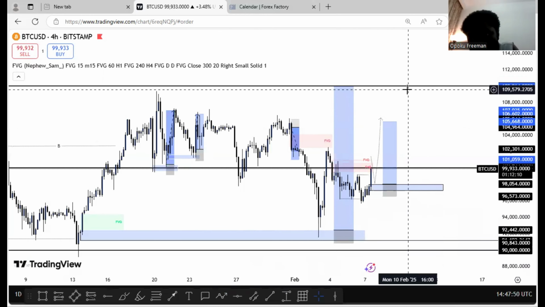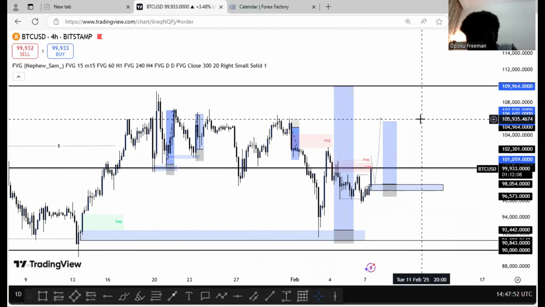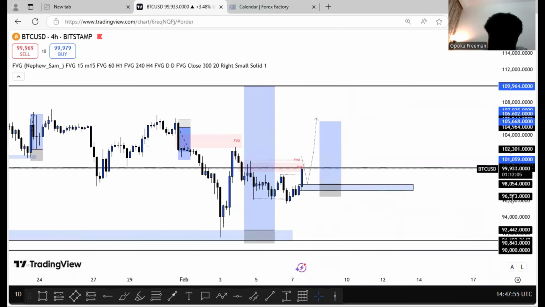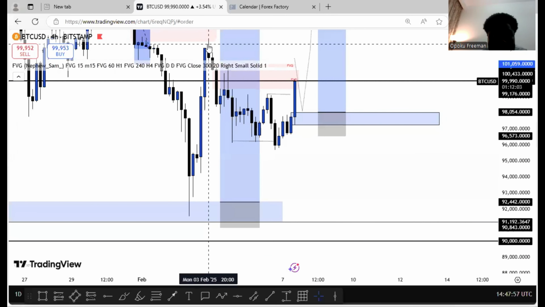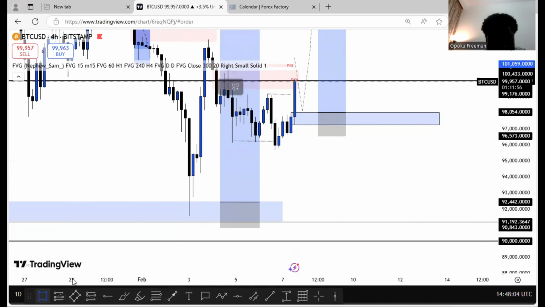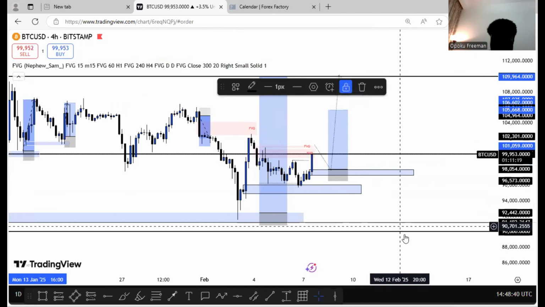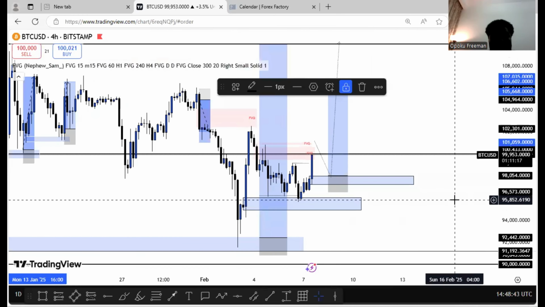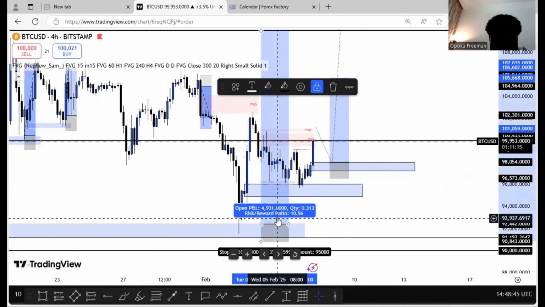Our TP2 is 109,964. So now you can see we are rallying. We had this pullback to come and actually respect this demand zone here. Those are the trades that we've taken this week, and look at the amount of pips, the risk to reward.